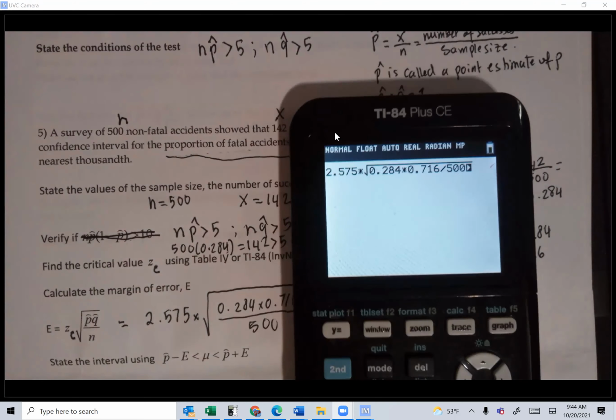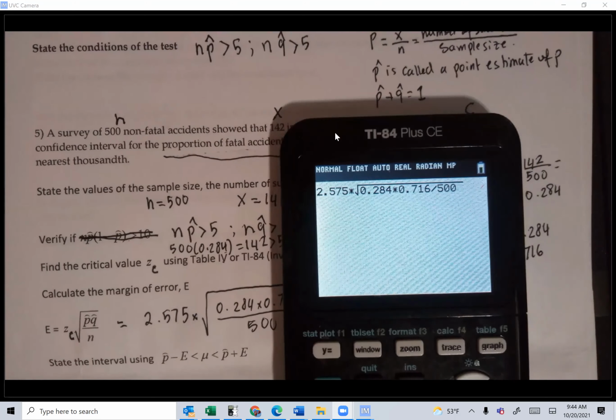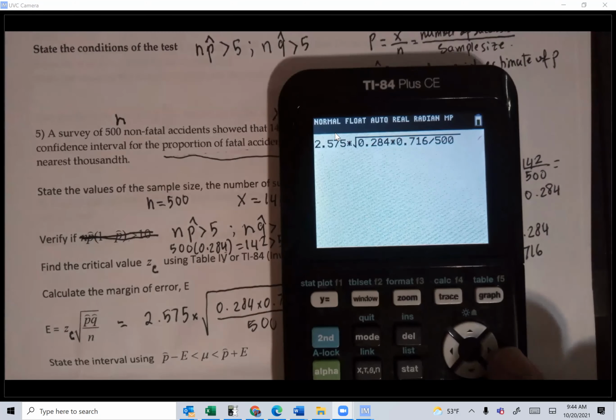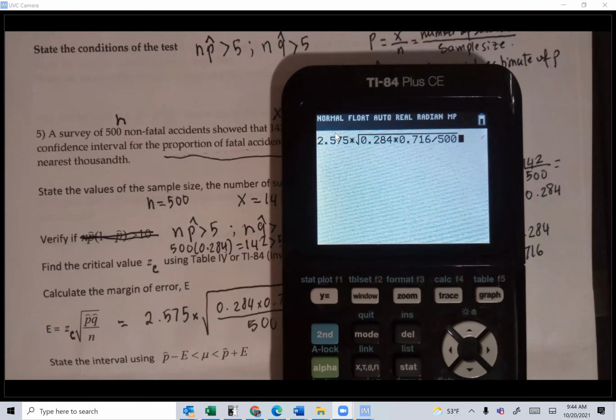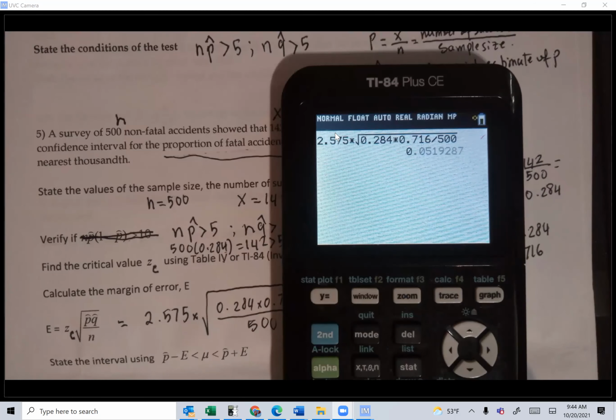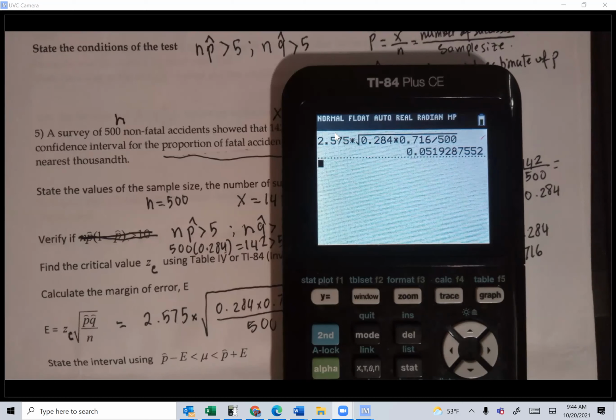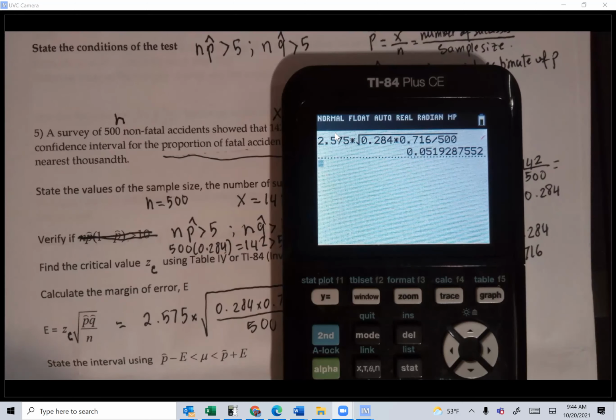And look, how do you exit the square root, guys? Just with the right arrow key right here. Okay, you can see it. Enter. Let's do 3 decimal places: 0.052.